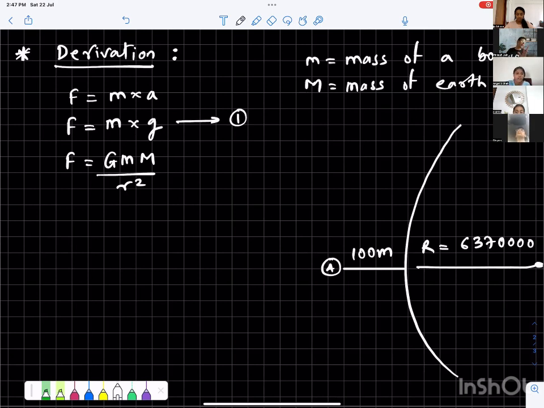Yes, this is the radius given, in meters. So this is the distance, the radius of the Earth. What's the total distance between A and the center of the Earth? You'll add both the values, right?